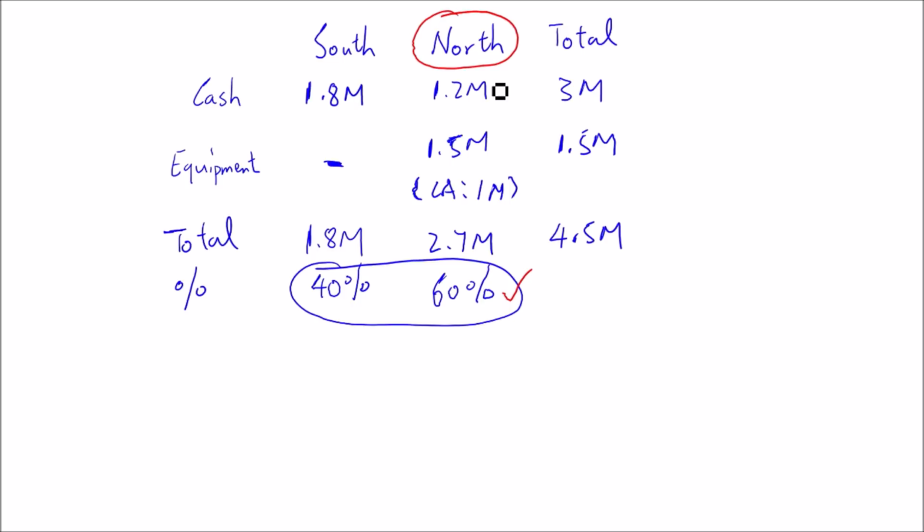And remember, we need to prepare journal for North Limited. Going back to the table, you can see that North Limited contributed cash and also equipment. So what we first need to do is to write down the credit side of the initial contribution. We credit equipment and also credit cash.